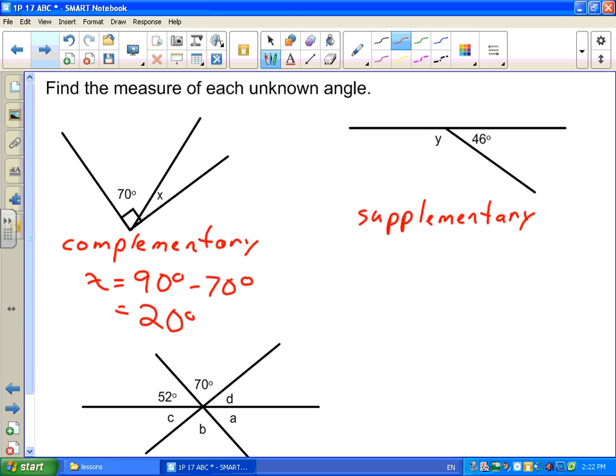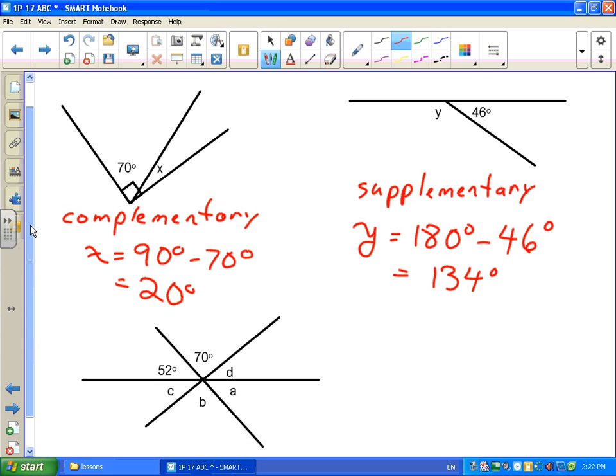So how can we find how big angle y is? 180 degrees minus 46. Supplementary angles always add up to 180. So if we subtract that 46, just punch that into our calculator, angle y has to be 134 degrees.